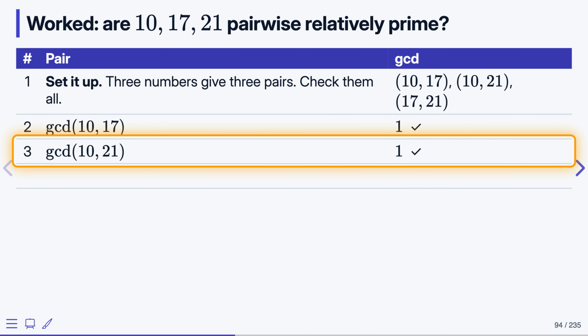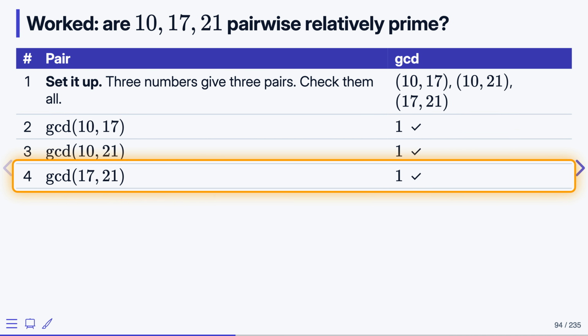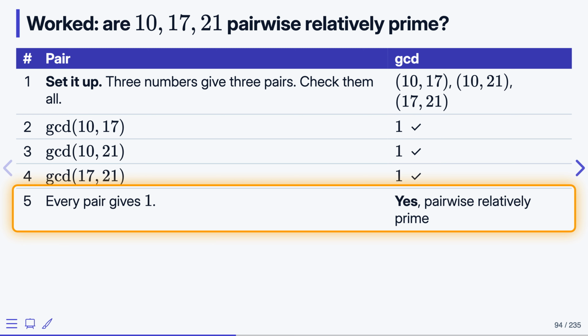Step 3, the greatest common divisor of 10 and 21 is 1. 10 is 2 times 5. 21 is 3 times 7. Nothing shared. Step 4, the greatest common divisor of 17 and 21 is 1. Step 5, every pair gives 1. So yes, this list is pairwise relatively prime.